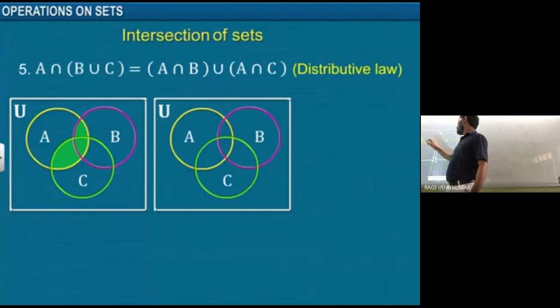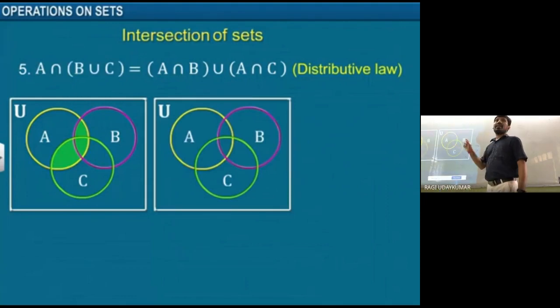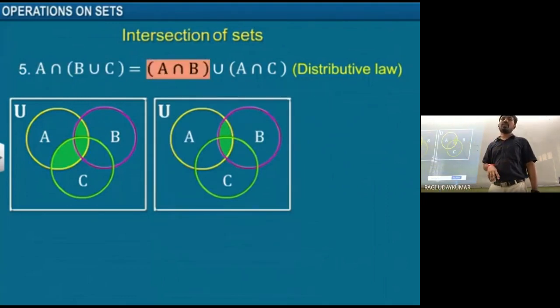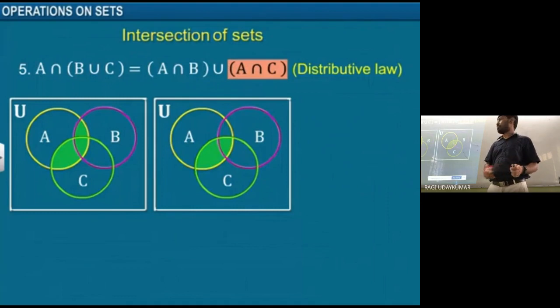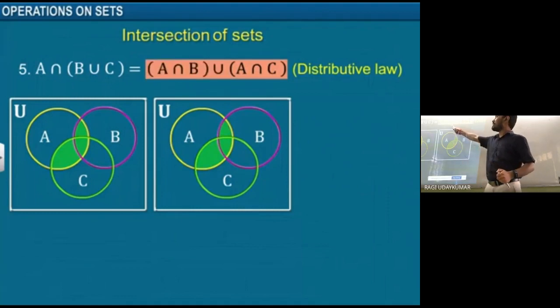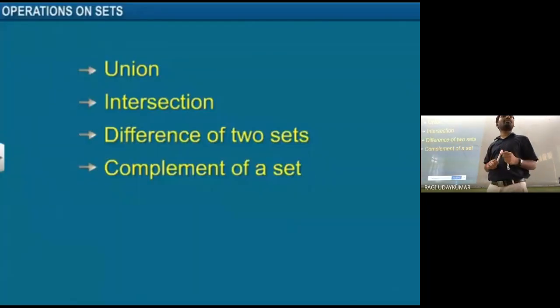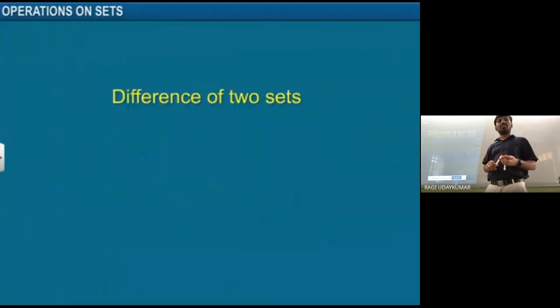Intersection with A is nothing but the highlighted part, whatever is shown to you. In the second figure, whatever is shown is A intersection B. Here, whatever is shown is A intersection C. We combined both, took the union, and then we are going to get the same. So that is the distributive law.